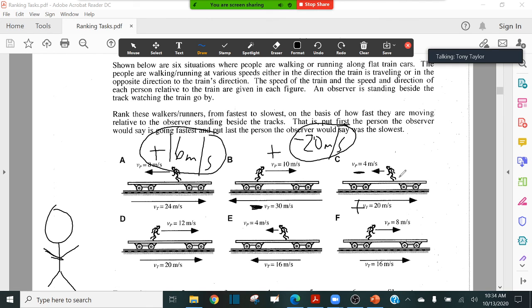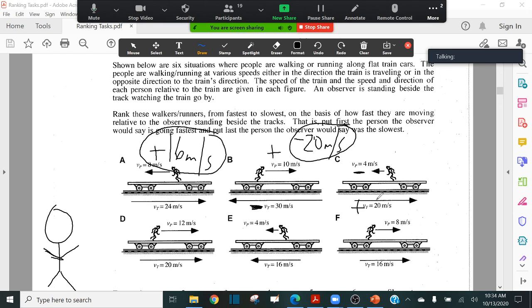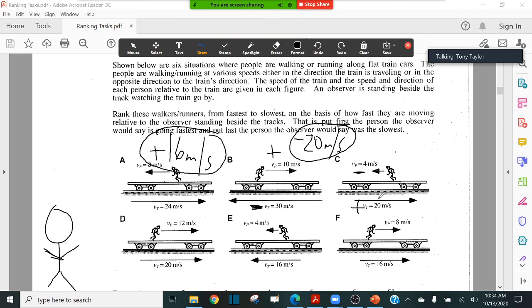In situation C? Is it, Anthony, positive 16 or negative 16? It is positive 16 meters per second.